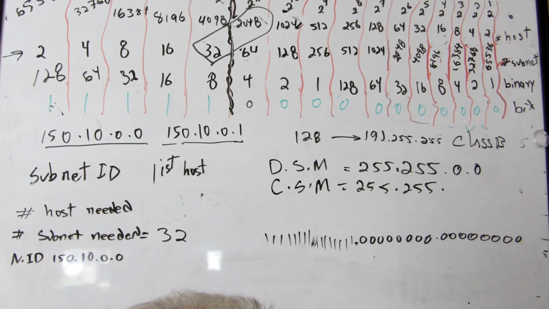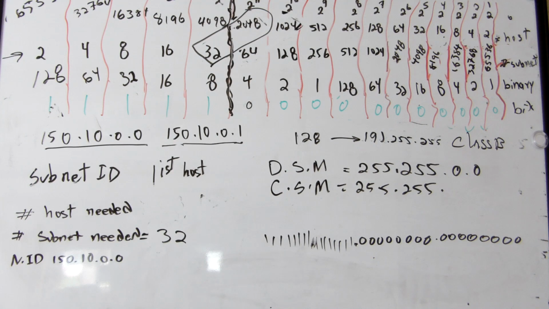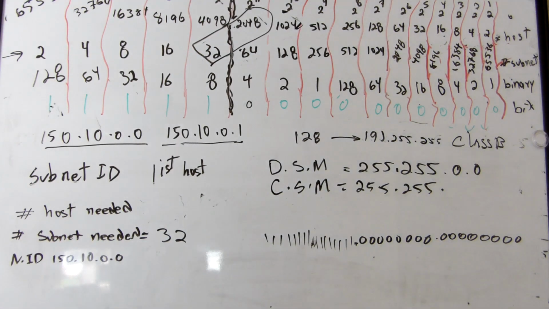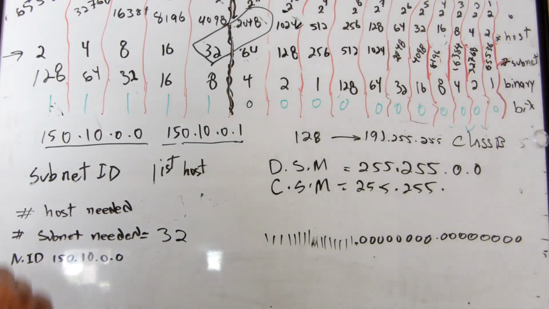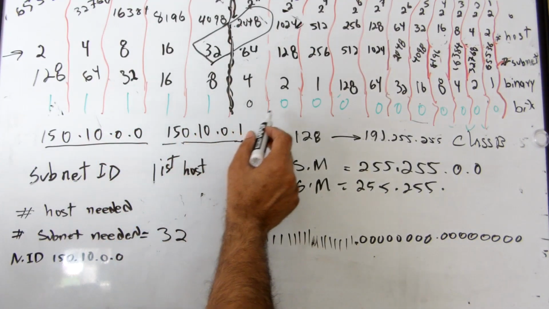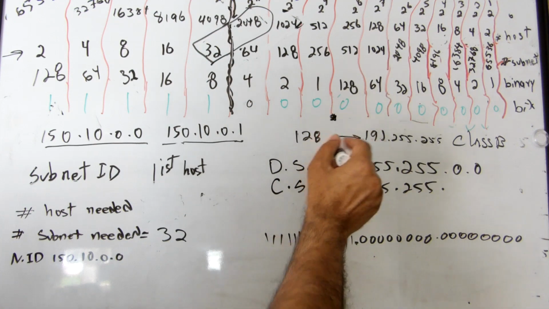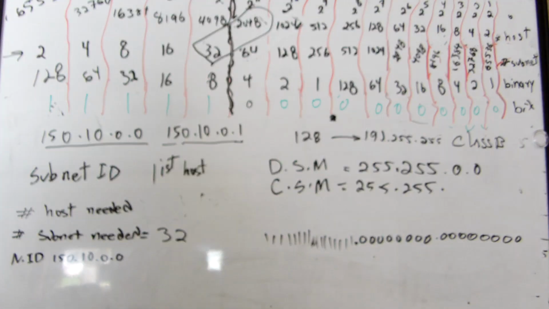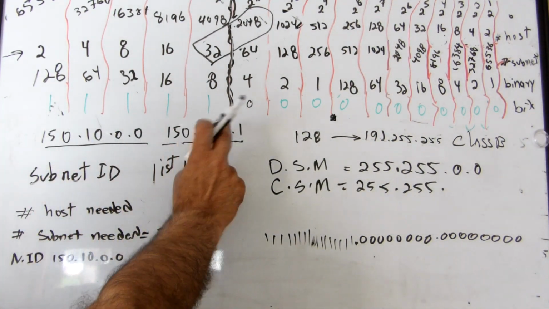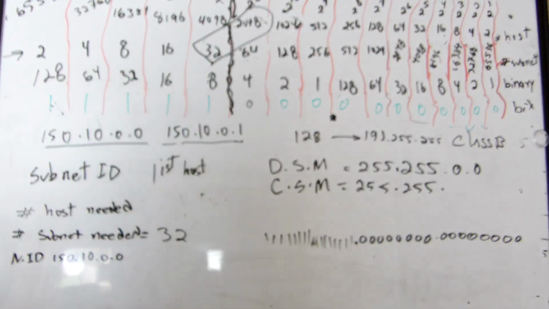Then we talked about it earlier that when we have something like that, 1, 2, 3, 4, 5, 6, 7, 8, up to here. There are 5 ones and 3 zeros.